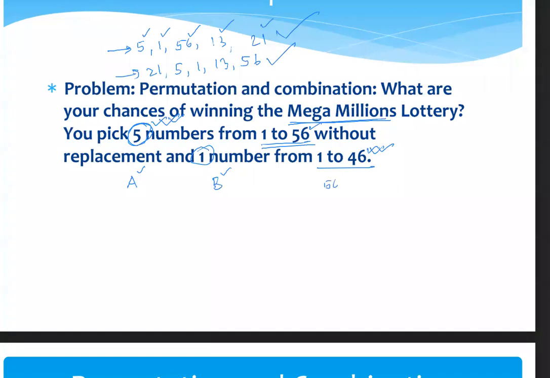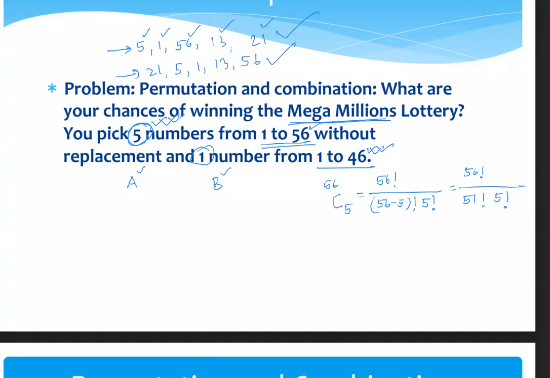So 56 C 5. And the formula is going to be 56 factorial divided by (56 minus 5) factorial times 5 factorial, which is 56 factorial over 51 factorial times 5 factorial.